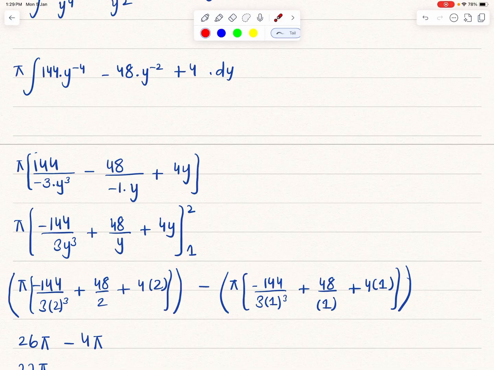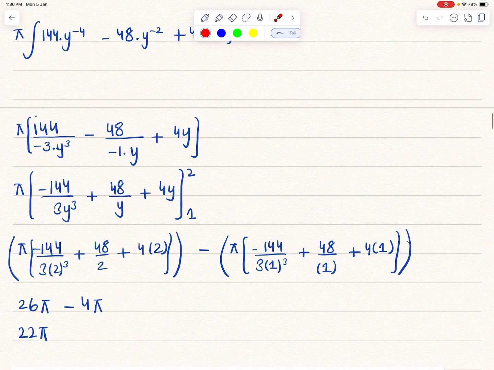Anyways, basically then what you do is that you add 1 to this power, that makes it negative 3, and you divide by the new power in the numerator, and that is what I did over here as well. Similarly, I did that over here, and you know that a constant term just has the variable multiplied with it.